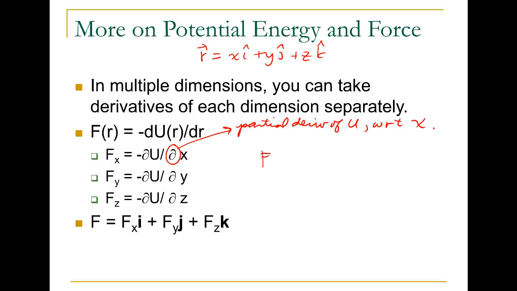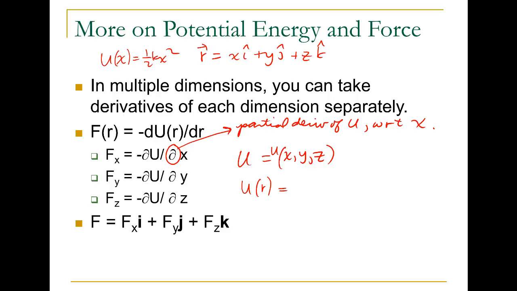And we would say that u is actually a potential energy function of x, y, and z. So it's not just u of x anymore, like 1/2 kx squared. It's going to be u of r, which is a function of x, y, and z.